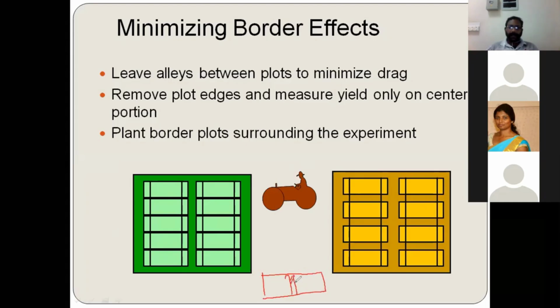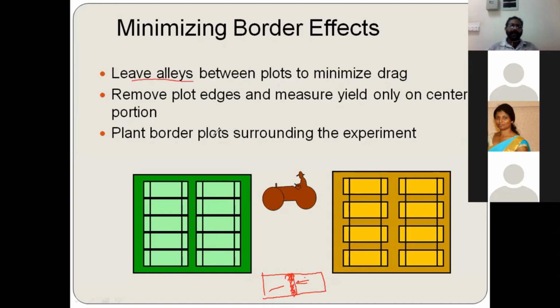This is called an alley, right? Alley means a drain, a channel dug between plots, so that you don't get any seepage, right? So between plots, some kind of barrier, alleys, alley cropping.